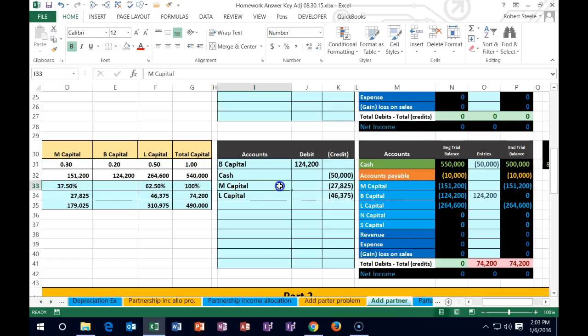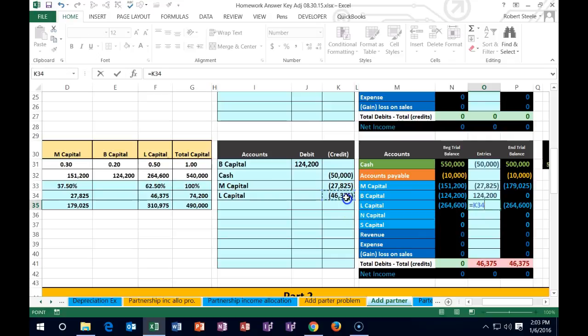Then we're going to post the M capital. So here's M's capital. We are in O33. We're going to select equals, point to the 27,825. This is a credit. It's going to make the credit go up in the credit direction. We're going to do the same thing for L's capital. Here's L's capital. We're going to post it in O35 equals.